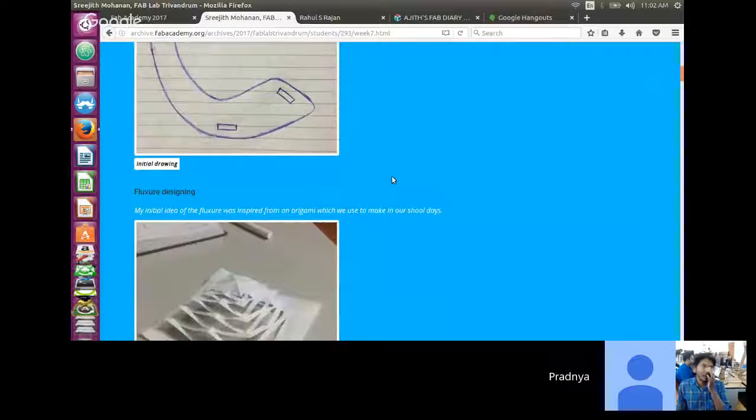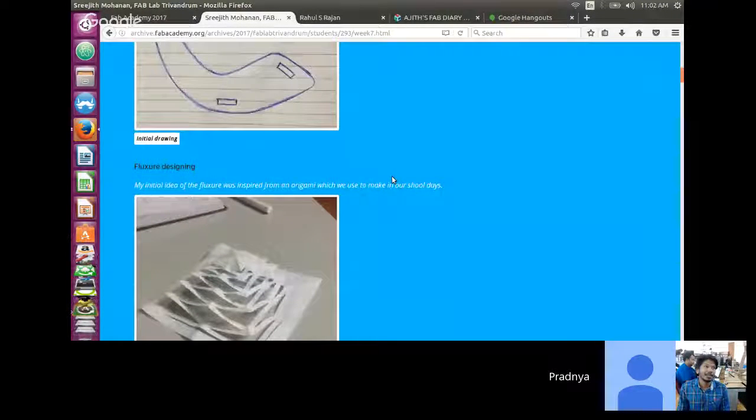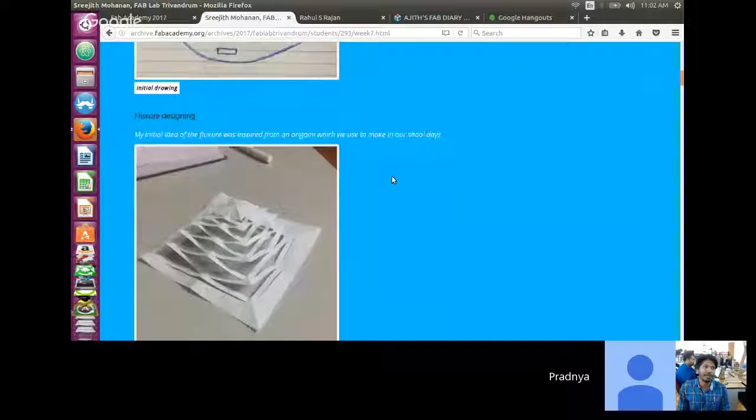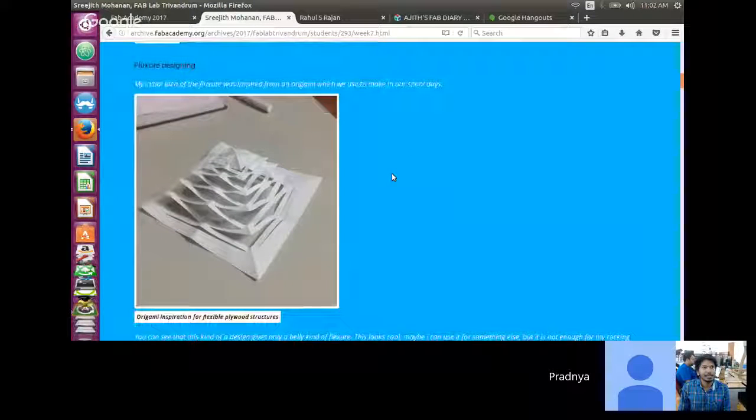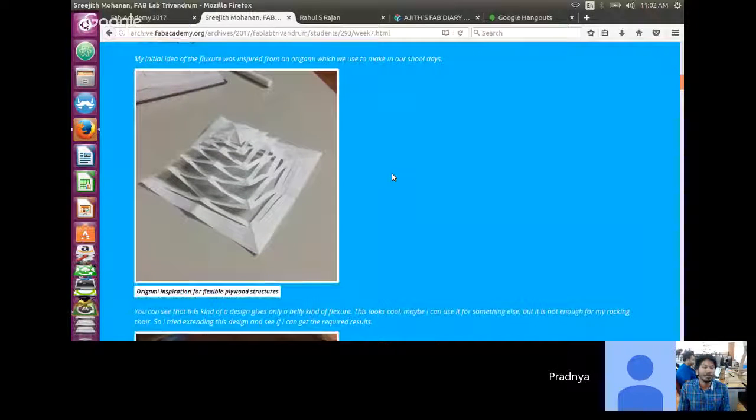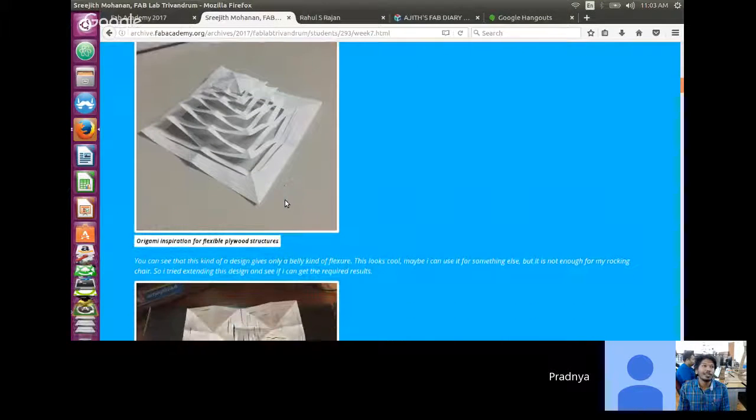Rather than the rocking part, I wanted it to have a flexible kind of surface where the person sits. I wanted to test out something like a flexure, which can have not just 1 degree, but 2 degrees of freedom. That was the initial origami thing which came to my mind.